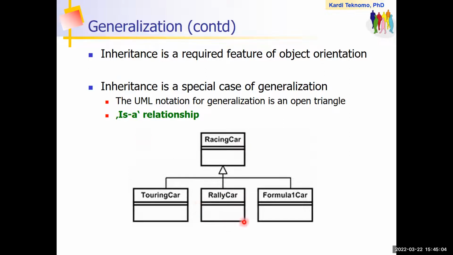A rally car or Formula One car is a racing car. Is a. How do you know it's generalization? Look at the arrow. The arrow is something like this. Based on the arrow, you know that this is generalization, this is composition, this is aggregation.